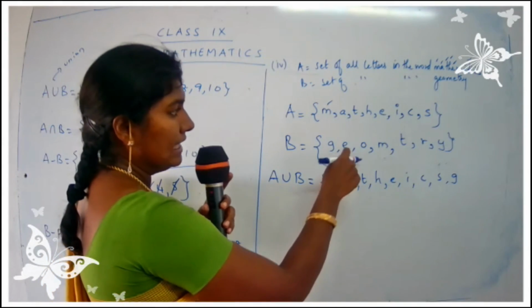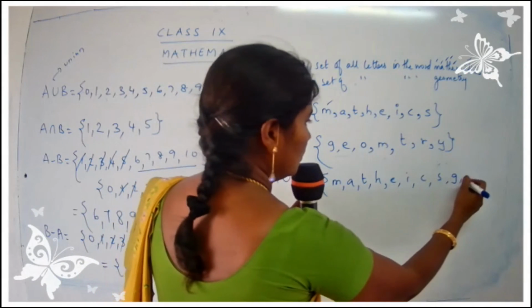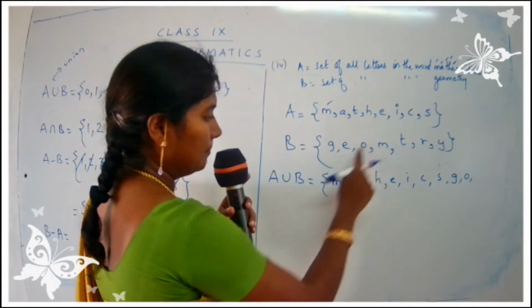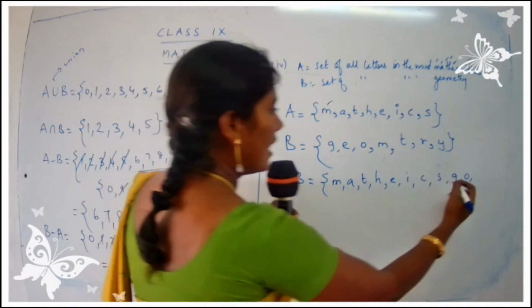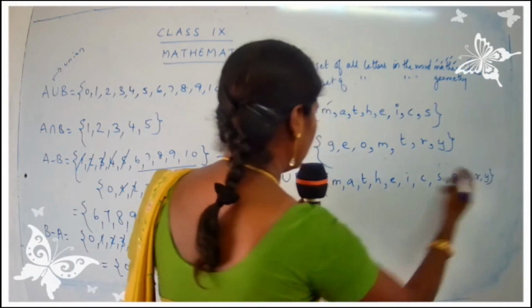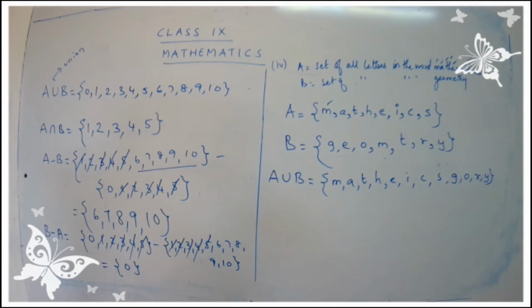E is already in A, so don't write E again. O. M is already written. T is already written. So R, Y. So M, A, T, H, E, I, C, S, G, O, R, Y.